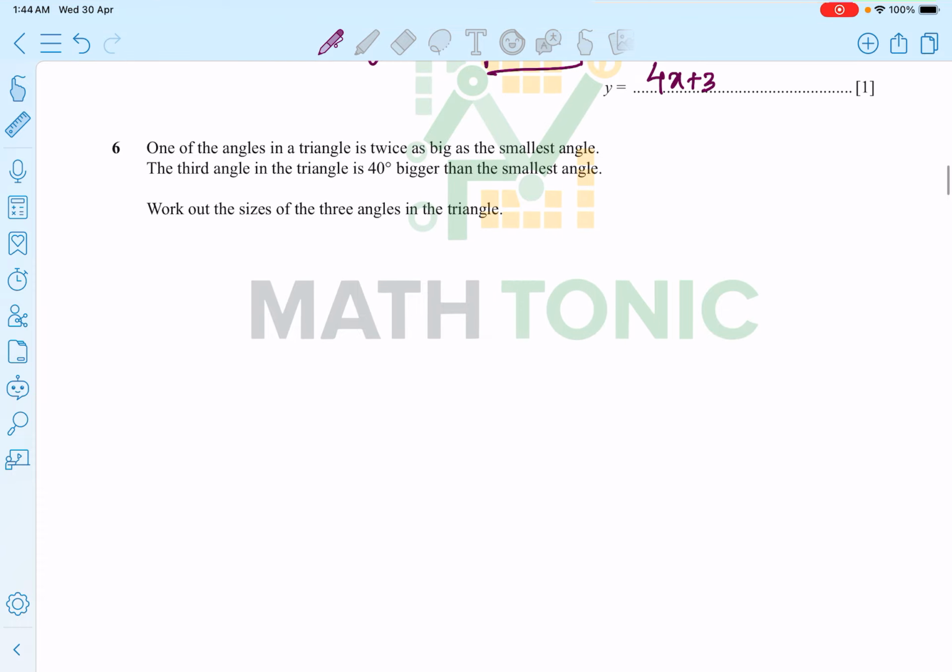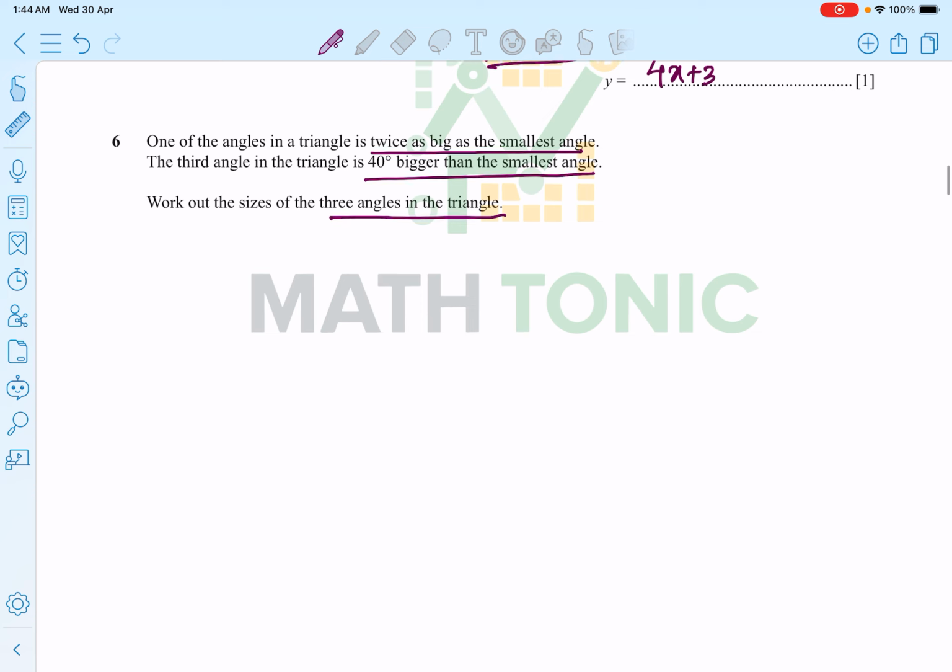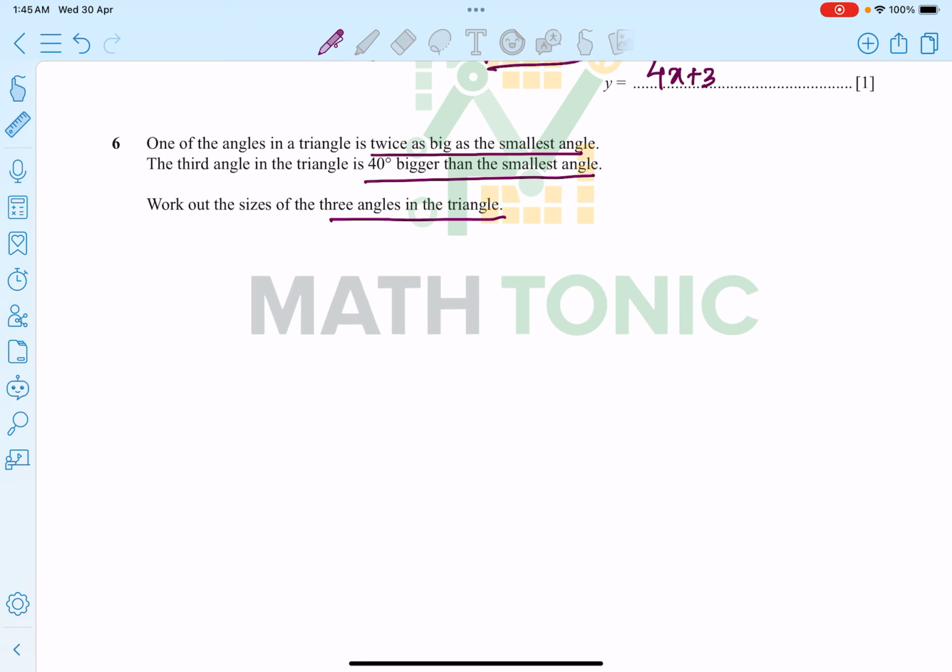One of the angles in a triangle is twice as big as the smallest angle. The third angle in the triangle is 40 degrees bigger than the smallest angle. Work out the size of the three angles in the triangle. Okay, so listen, in a triangle we have three angles, right? As per the question, let the smallest angle equal x, right?